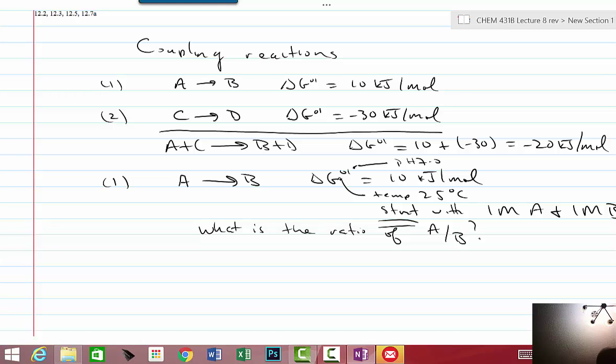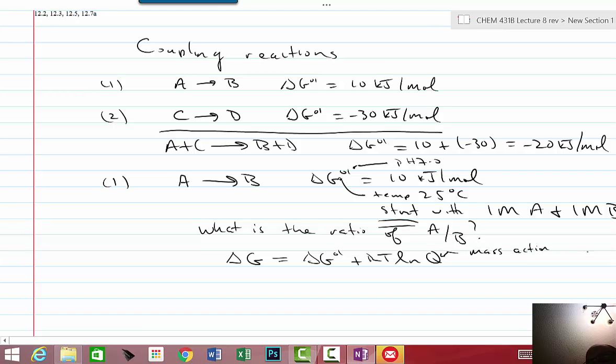All we need to do is use this equation, which I talked about before, where you have delta G overall equals delta G under standard conditions plus the gas constant multiplied by the temperature in Kelvin multiplied by the natural log of what's called Q. And that Q is the mass action ratio.